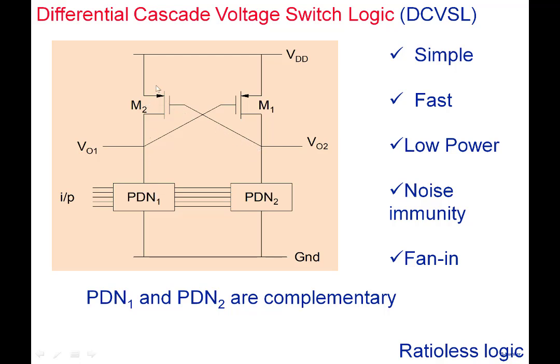So note that I don't have a direct path from VDD to ground, so there's no static power. Either the pull down part is on, and then M2 is off, or M1 is on, and this is off. So the whole idea behind this logic was to build something like the pseudo NMOS, but eliminate the power.